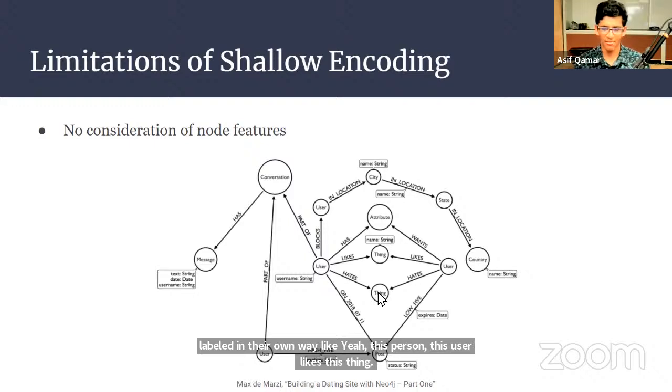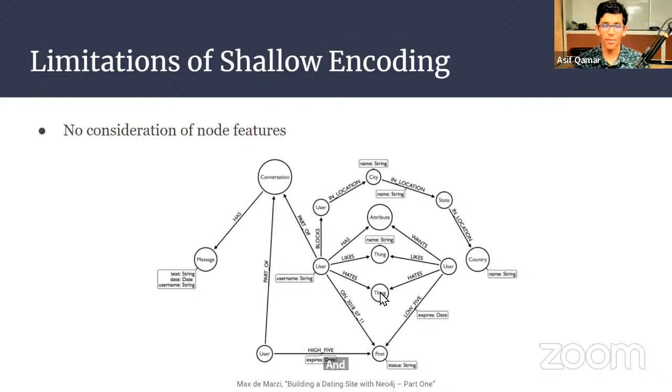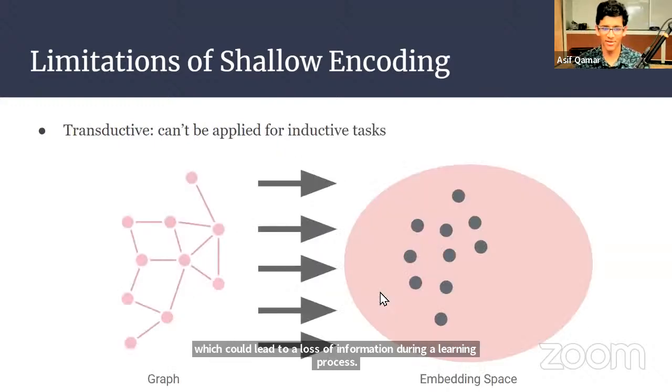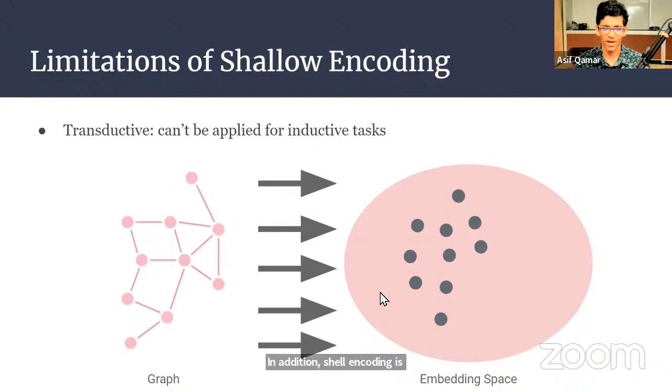They both hate another thing. So the problem is that when we're doing a random walk, for example, all this information is going to be ignored. All the nodes are going to be treated the same. All the edges are going to be treated the same, which could lead to a loss of information during the learning process. In addition, shallow encoding is transductive, which means it can't be applied for inductive tasks.